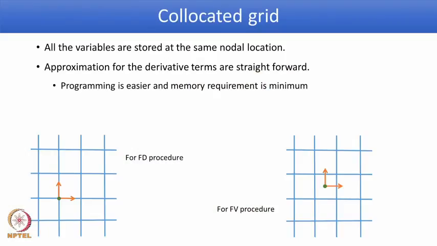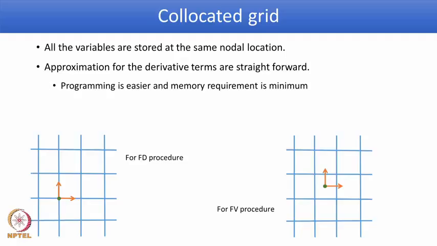In this case, as you can see here, you are defining only one grid, and the grid is the same for both u as well as pressure. Hence, getting a derivative difference formula is easier. The same coding can be used just by changing the variable from velocity to pressure. You can obtain the first derivatives, say ∂u/∂x and ∂p/∂x, much more easily.